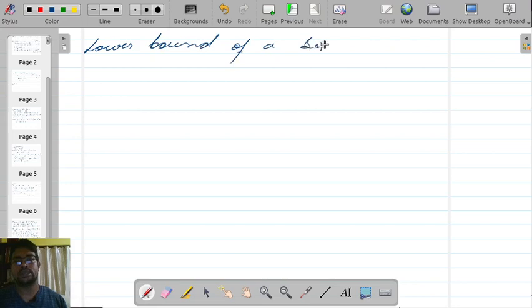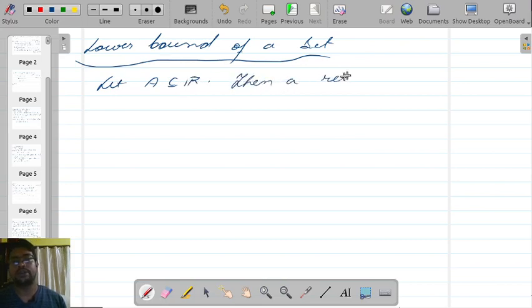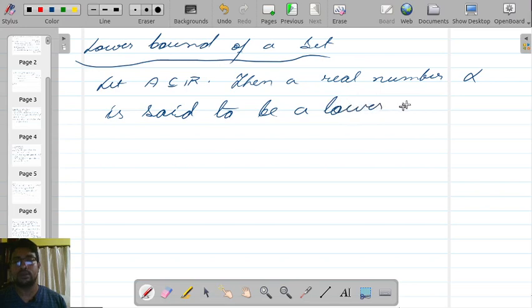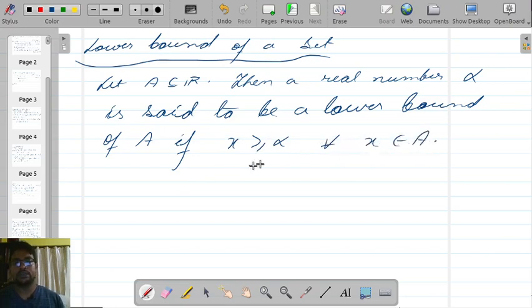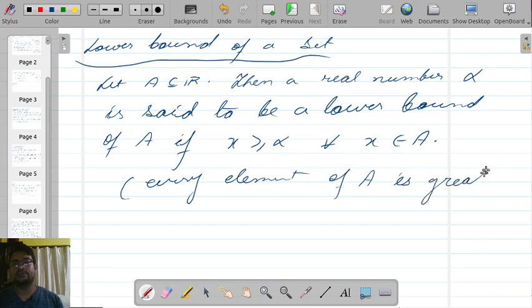Lower bound of a set: let A be a subset of R, then a real number alpha is said to be a lower bound of A if x is greater than or equal to alpha for all x inside A. That means every element of A is greater than or equal to alpha.